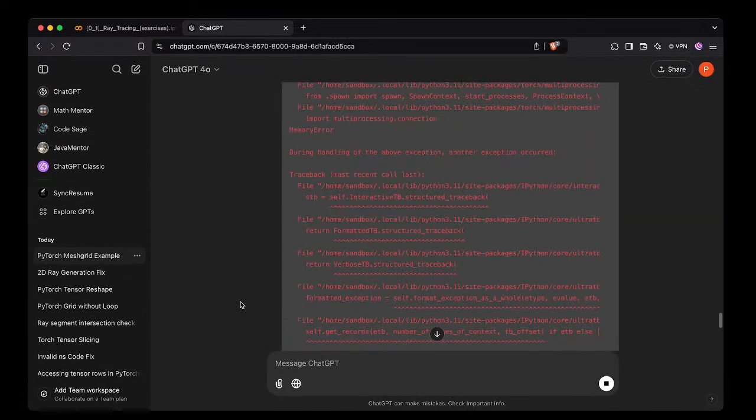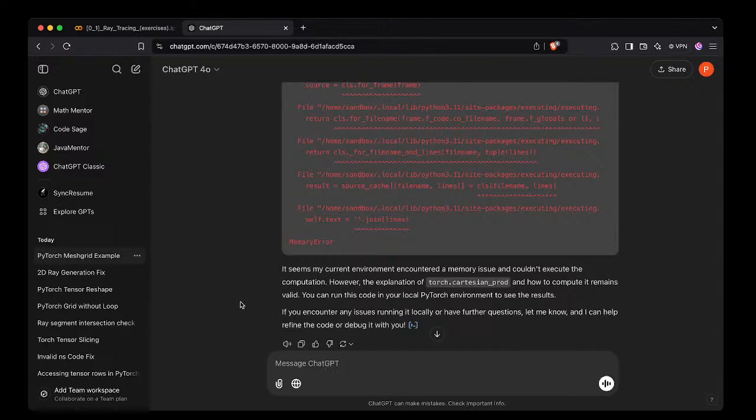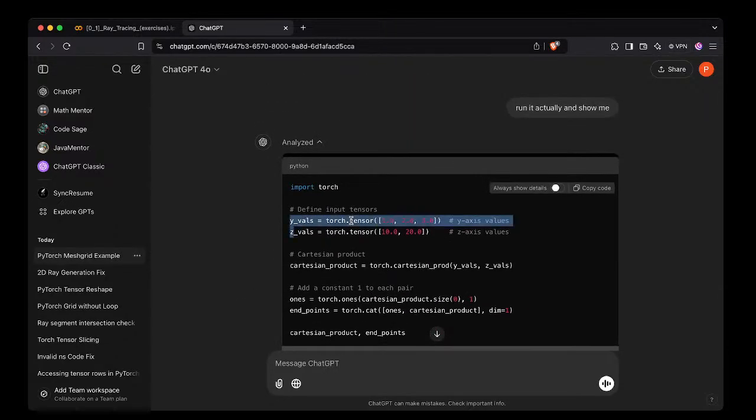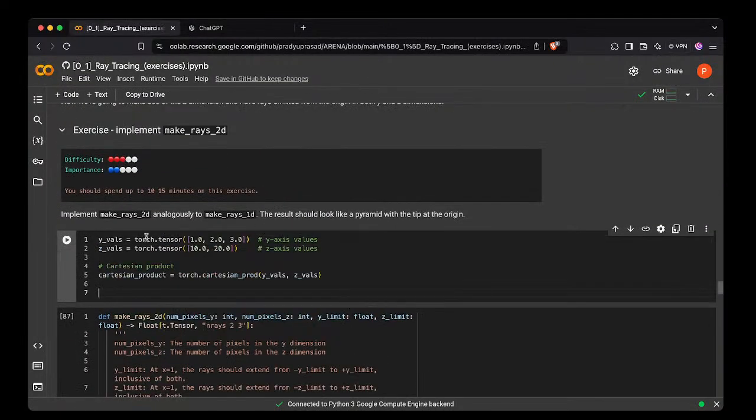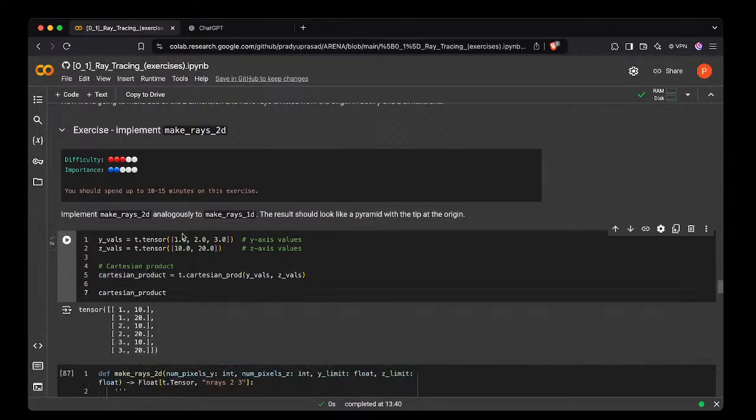Import torch. What the hell is this? Okay, let's actually try this first. t.tensor. Sorry, we didn't do this. 110, 120, 210, 220.